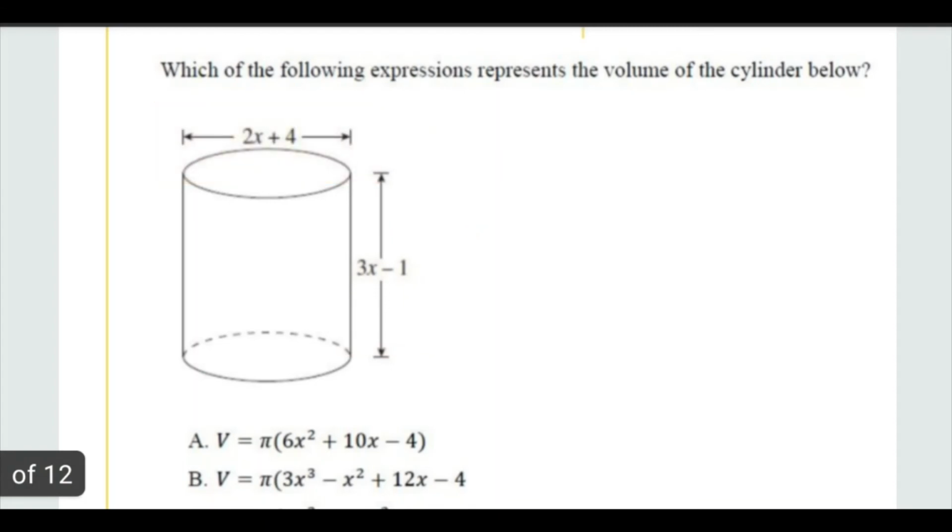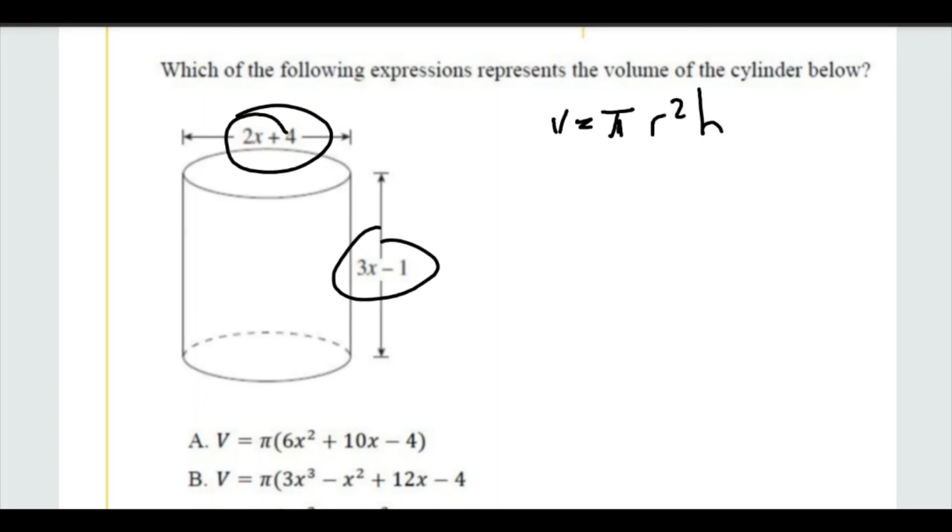And the formula that we use to find the volume of a cylinder is pi r squared h. R is the radius, h is the height, right? So the radius would be half of this, and this would be the height.